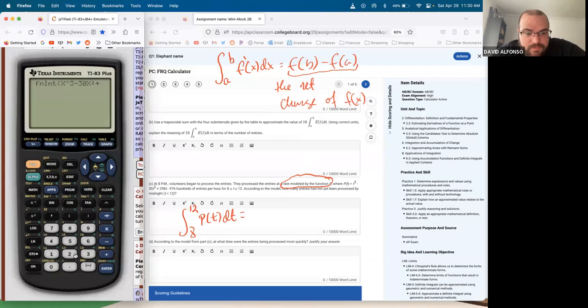Plus 298x minus 976. Then you do comma x because you're saying with respect to x, the dx. Then you say comma from 8 to 12.